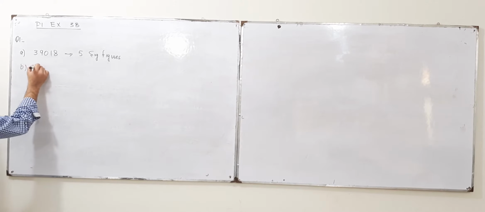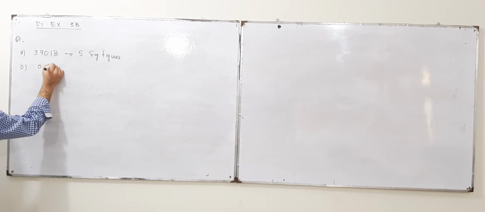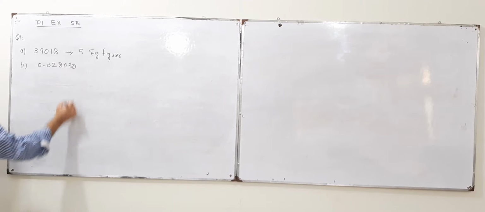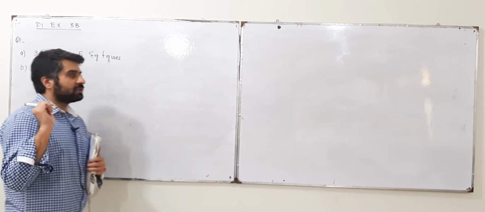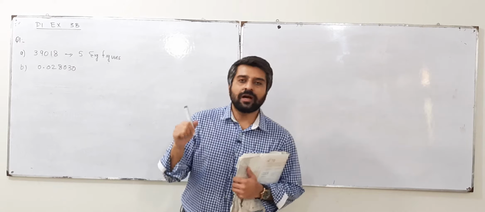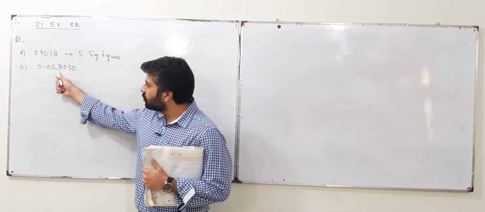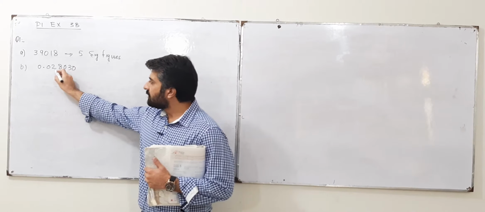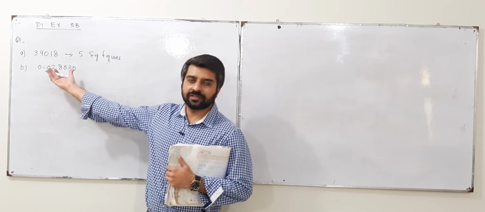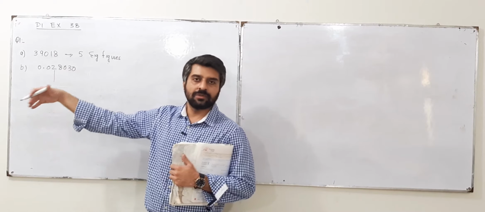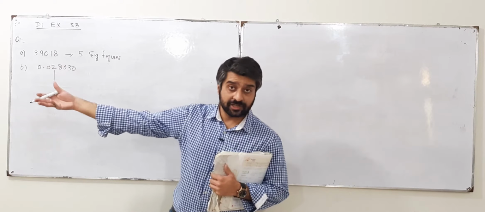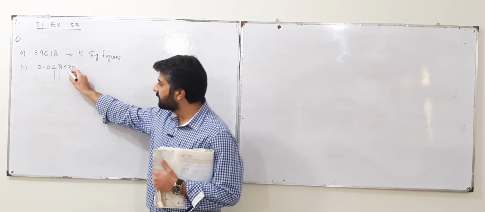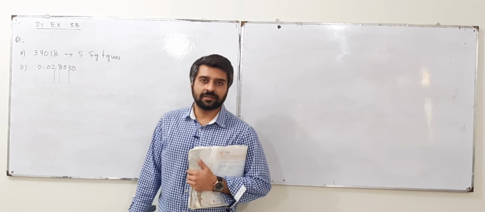In part number B, it's 0.028030. Yes, we have to look for this one. 2803, all the numbers other than 0 have conditions, rest of the numbers are significant. 2 is significant, 8 is significant, this 3 is significant.